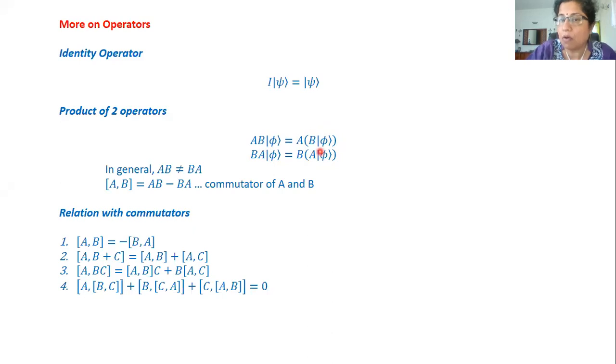Whatever that resulting wave function is, you're operating B on it. So that's why AB need not necessarily be BA. And this should also tell you why the order in which the operators appear is sacred. Whatever appears closest to the right hand side is essentially the first operation being done. What appears more towards the left will appear later and later.